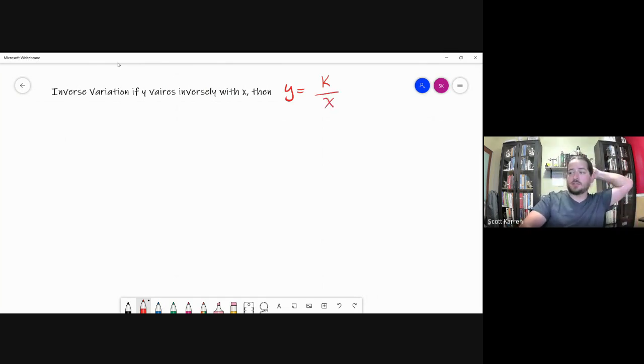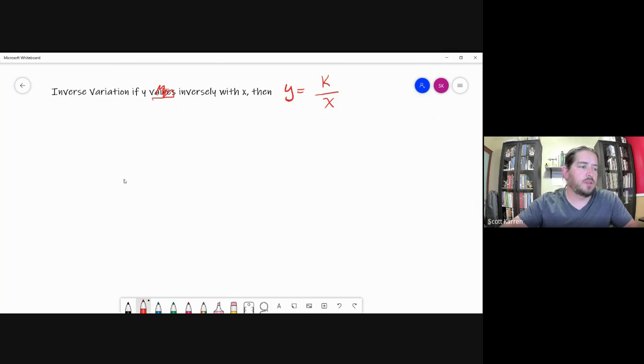That's the inverse, to have x in the denominator. So if y varies inversely with x, then we've got this function.